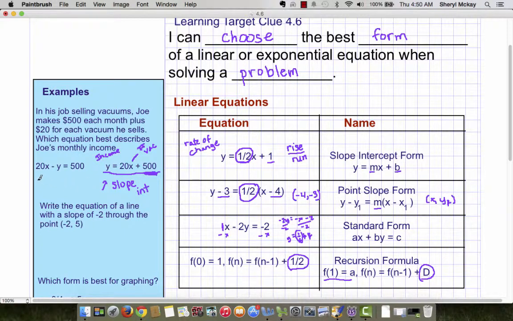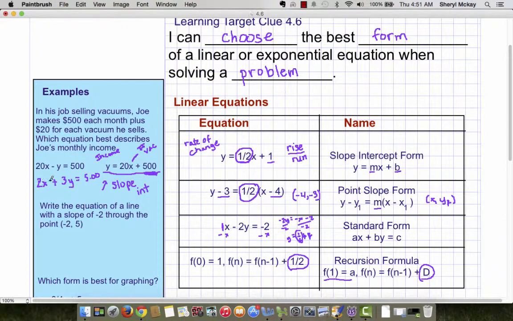I bought 2 hamburgers and 3 French fries, okay? And it cost me $5. 2 hamburgers plus 3 French fries equals $5.